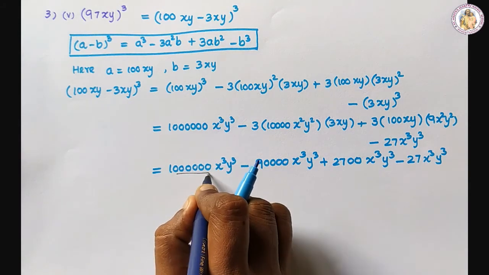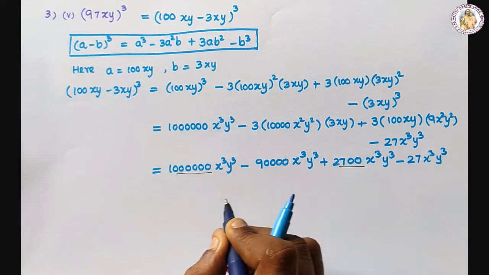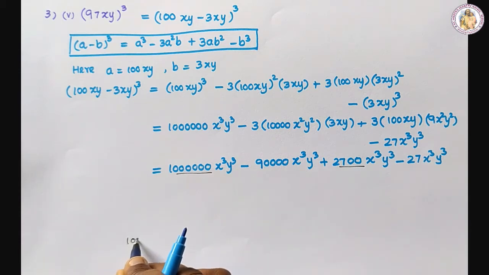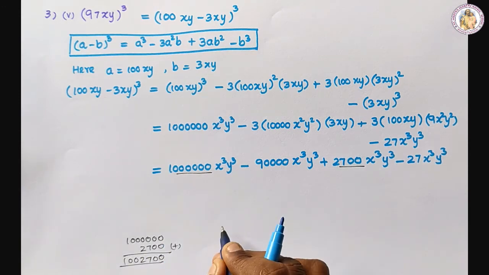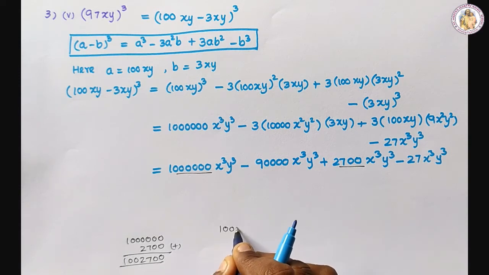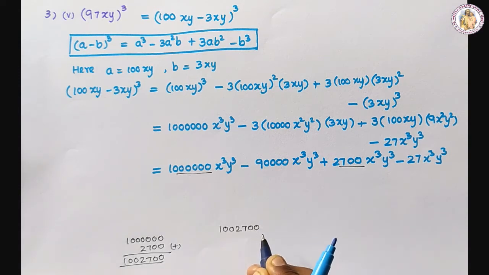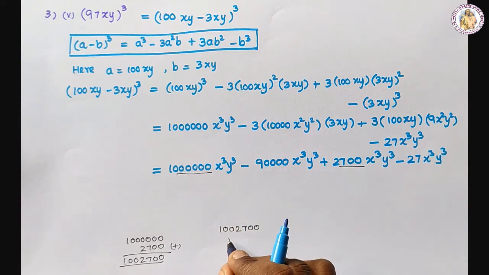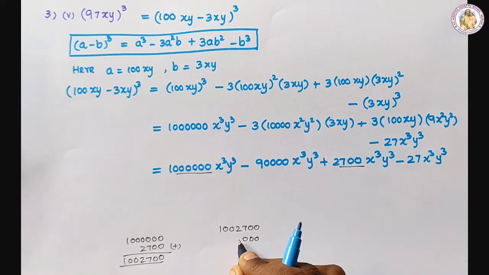First add the positive numbers, plus plus, so 10 lakhs plus 2700, that is 10 lakhs 2700, and from this we subtract these numbers one by one, that is 90,000.